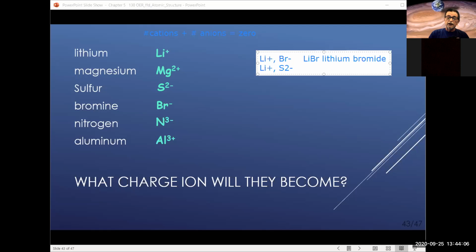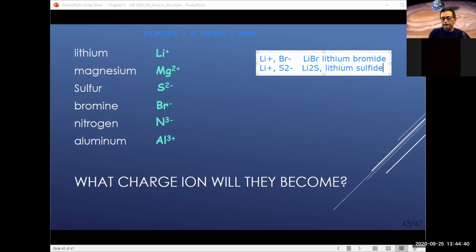Yes, exactly, Claire. You need 2. And this is where you now have control of the subscript. You can write it out longhand on your pencil. It would be Li subscript 2 S, which would be lithium sulfide. That would be the name of that.